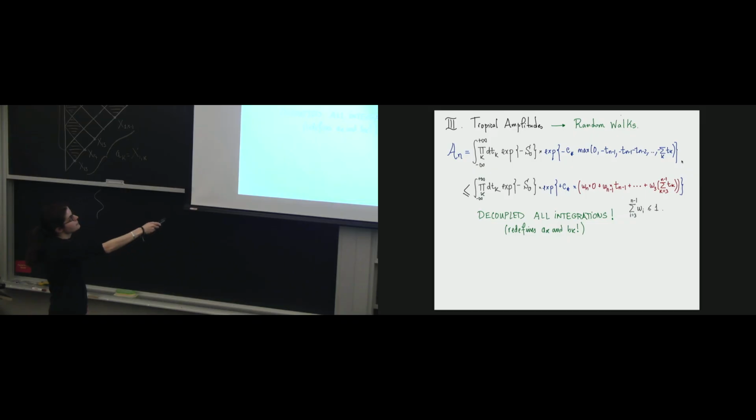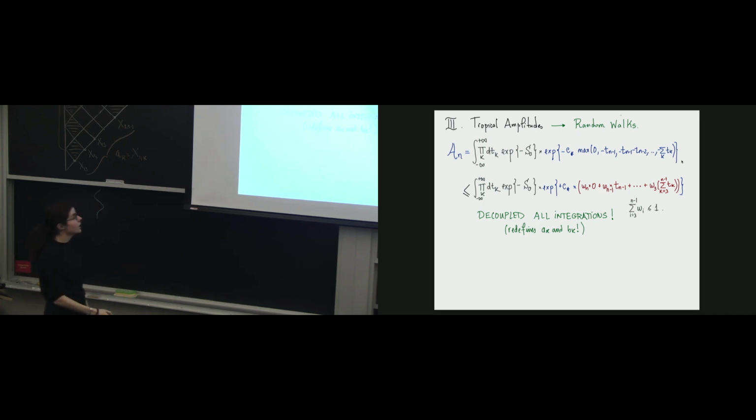So using that, if I replace my complicated max in the integral defining the amplitude by this upper bound in terms of the weight, I've managed to, again, fully decouple all of my different integration variables in this upper bound, and all that this is really doing is redefining the AKs and the BKs that entered in S naught.